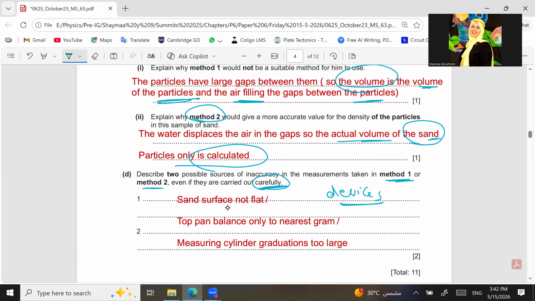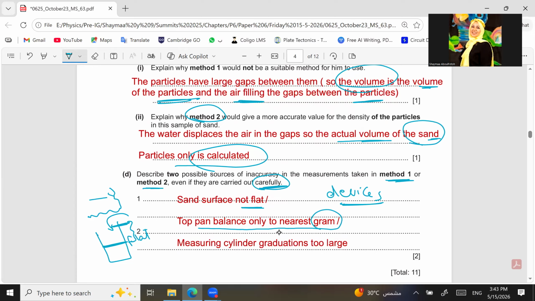Like maybe the sand surface is not flat. If the sand surface is not flat, then by adding the water, the volume appears to be more. So I have to make the surface of the sand flat at the beginning and then add water, so that I can calculate the increase in the volume. Second, the pan balance reads only to the nearest gram.